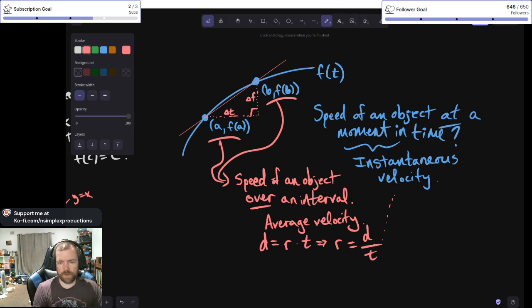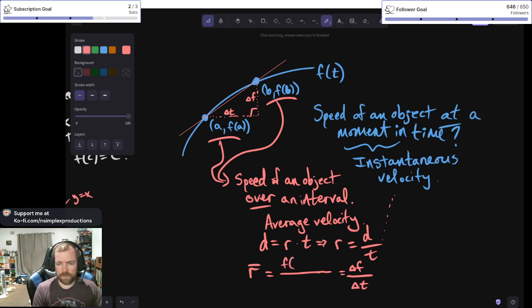So we went through and said, okay, well, how do we do this? This is actually going to be an average velocity, which is going to be taken by finding the difference in the distance, so our delta f, and then dividing by the change in the amount of time, our delta t.